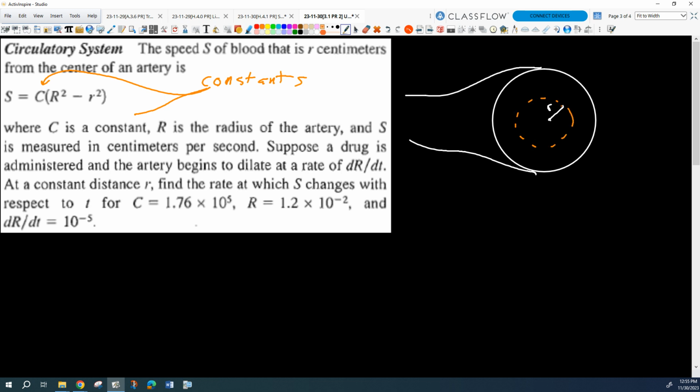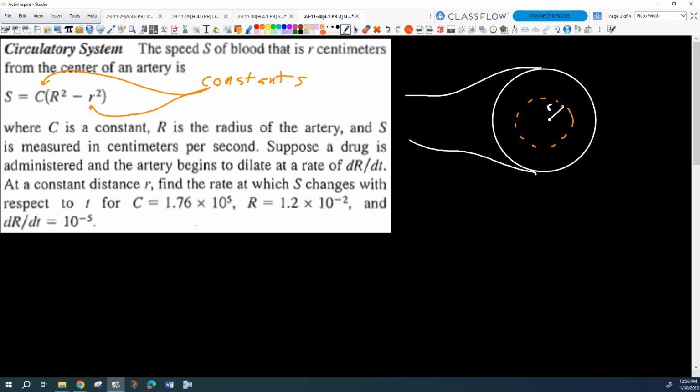It's a pretty bad circle, but it could be any place on that circle, right? That's a fixed radius from the center. We want to know at that distance from the center, how fast is the blood speed changing as the artery itself dilates. So capital R is actually variable here. The radius of the artery is changing, okay? So little r is the other constant.